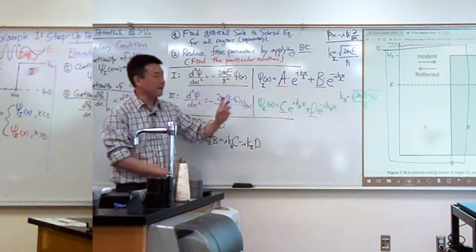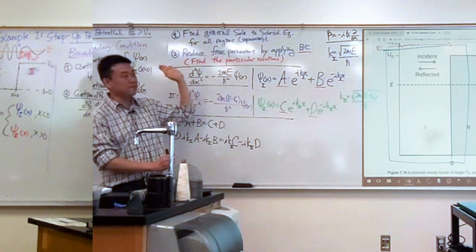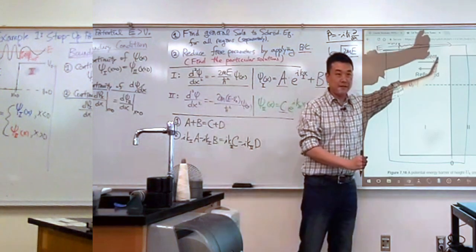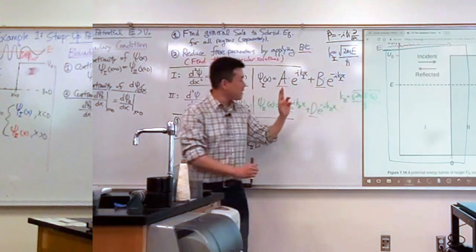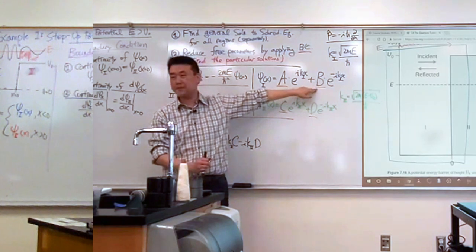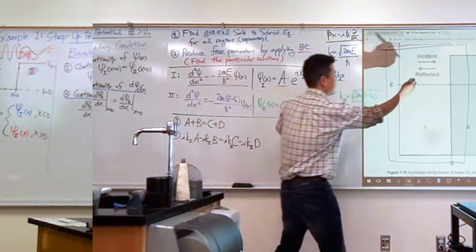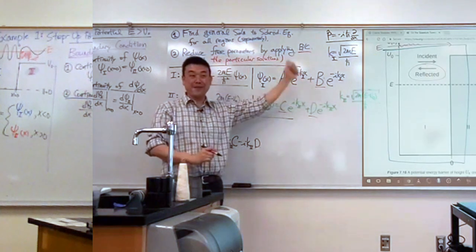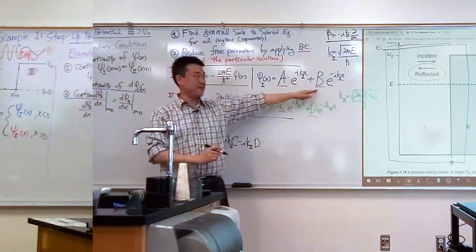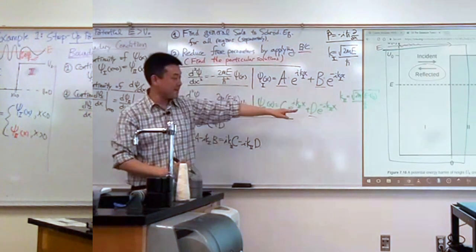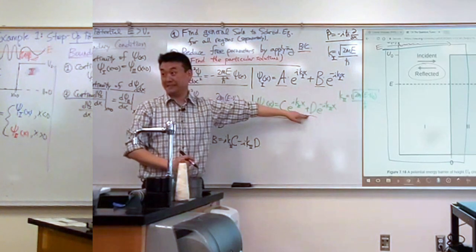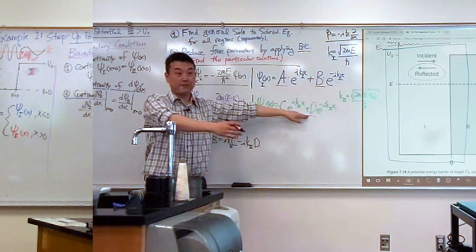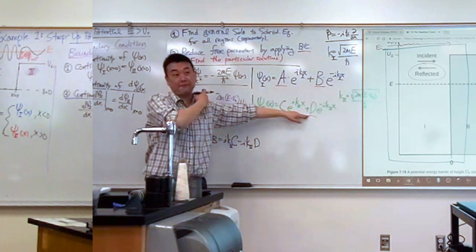Okay, I have to be careful here. My incoming particle is moving from the left, and that does not mean I can eliminate B, because this just reminded me, there could be a reflected wave that's coming back. So I have to leave this B alone, but what I can get rid of is this D, because after the barrier, the only thing that's there is what got through.